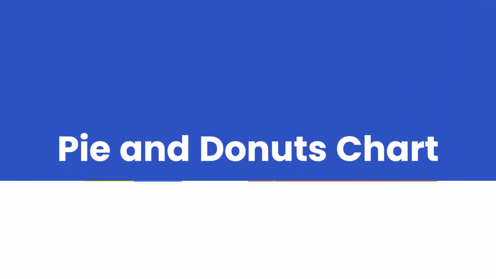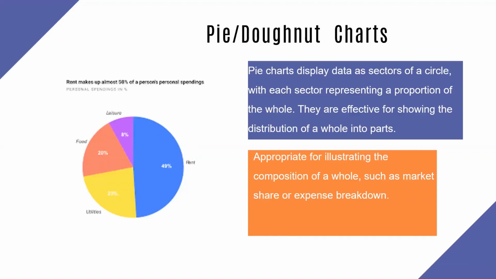Then let's look at pie charts and donut charts. Pie charts represent data as sectors of a circle, with each sector representing a portion of the whole. They are effective in showing the distribution of a whole into parts. Pie charts are appropriate for illustrating the composition of a whole, such as a market share or expense breakdown.